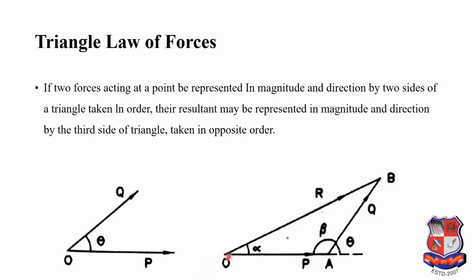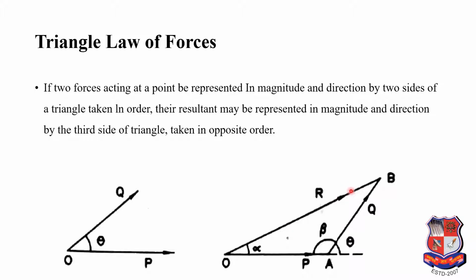With the OB component and the OA component, there is an alpha angle. Here you can see beta, and where the red pointer is, here you can see theta. So you can see the two forces that were given and the resultant produced.